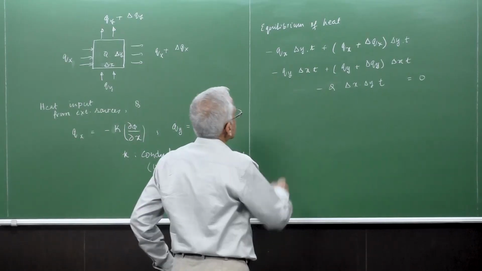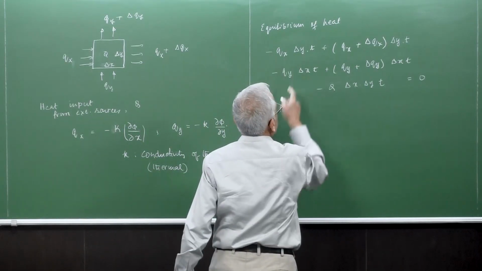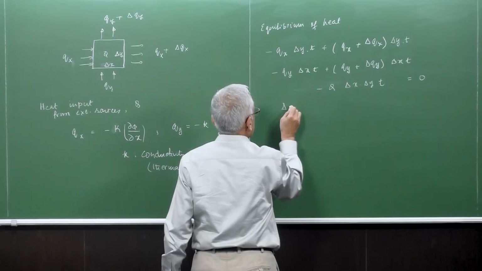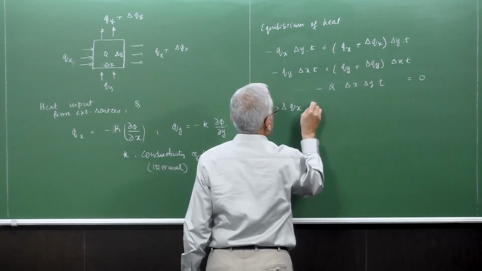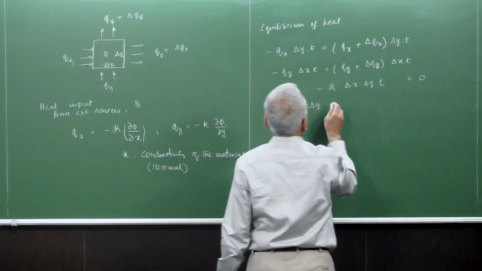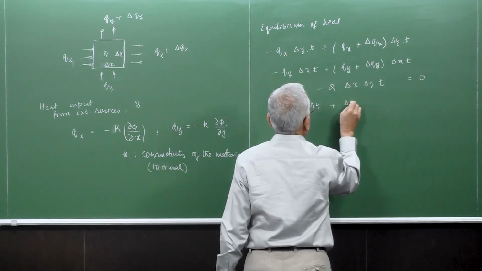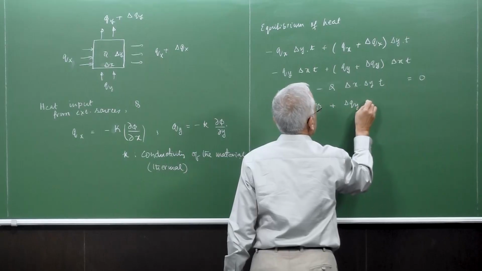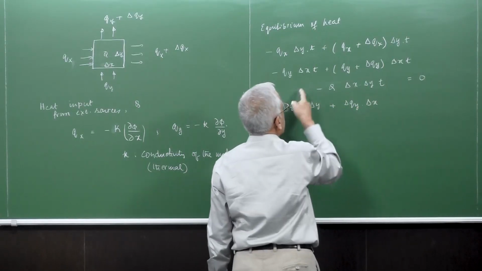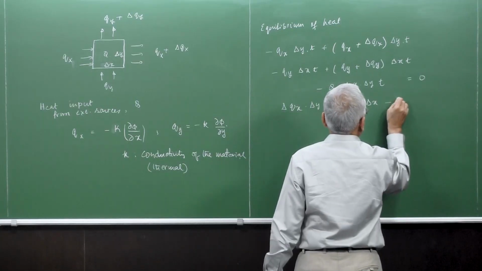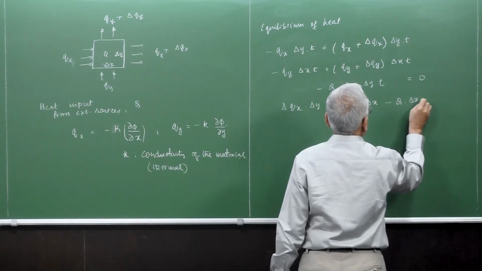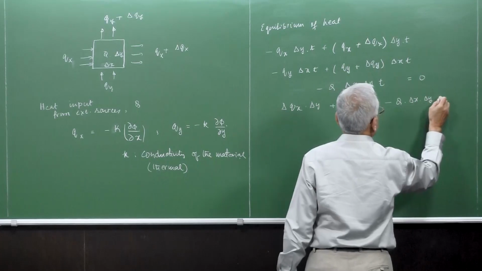Okay, so you can subtract this one. So what we have here, into delta y, I cancel this Qy with this Qy, and minus Q. I cancel T also.